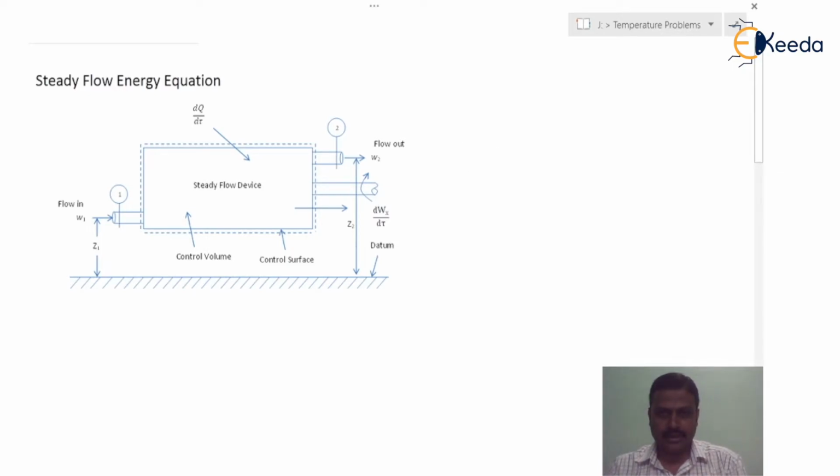A1 and A2 are areas, which have a unit of meter square, at inlet and exit respectively. Capital V1 and capital V2 are velocities, which have a unit of meter per second.